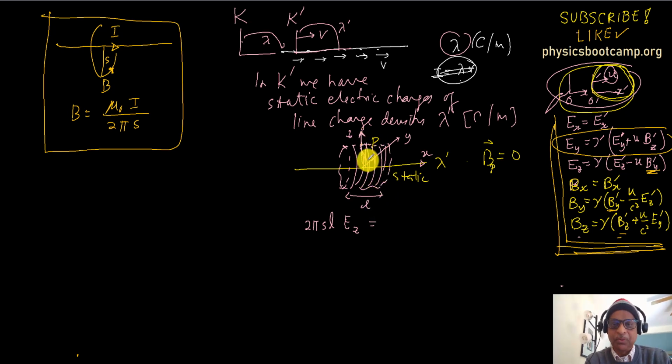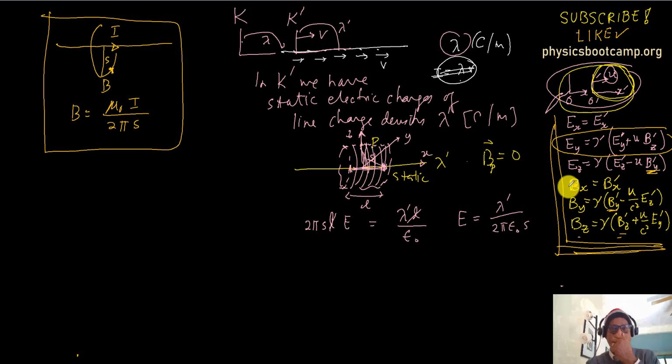Over here is E, and over here is normal, so this will be any E on this surface. It's going to be lambda prime L, that's the charge enclosed, over epsilon naught. And so L cancels out. So E is equal to lambda prime over 2 pi epsilon naught s.